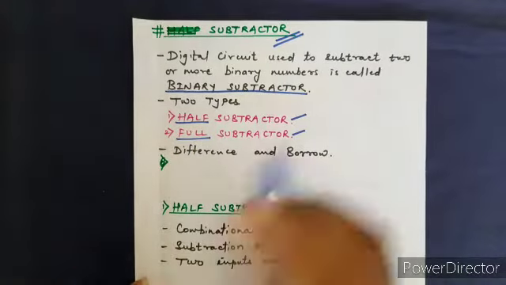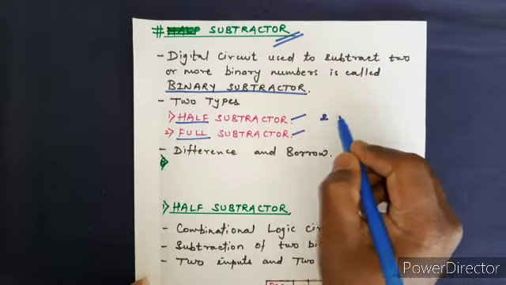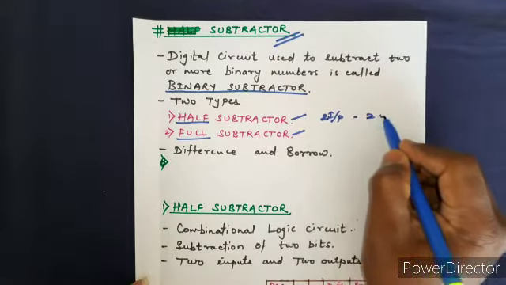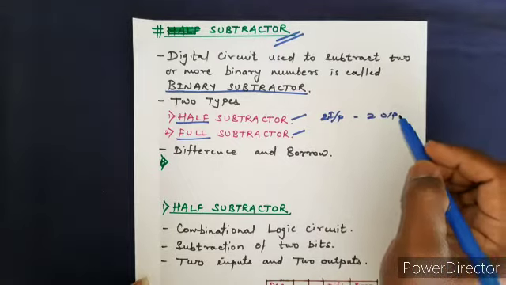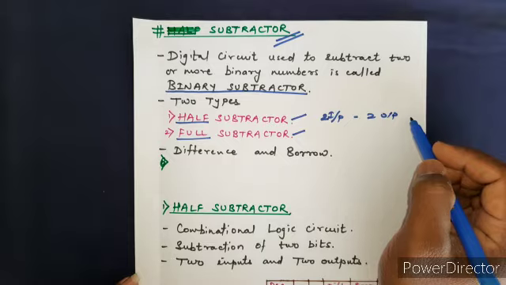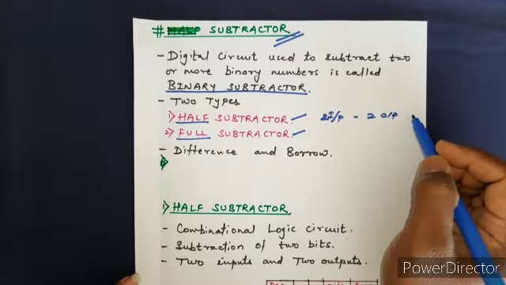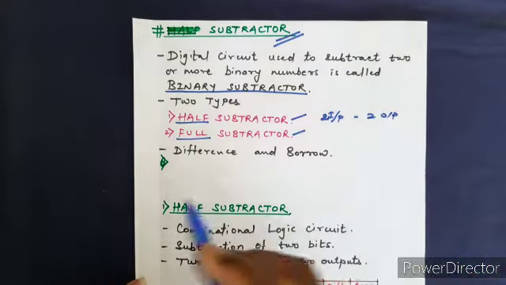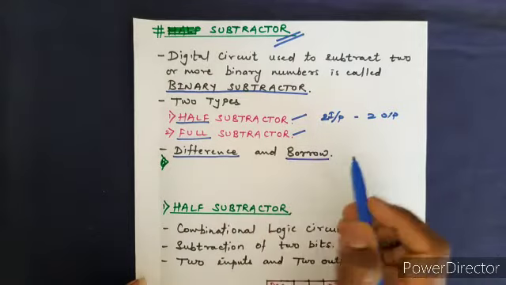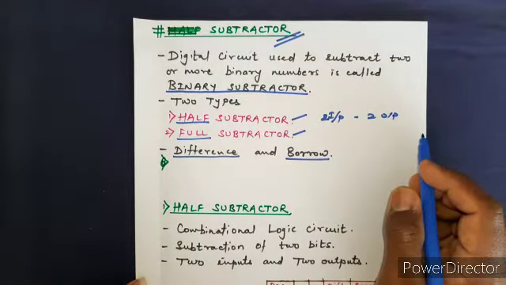The half subtractor has 2 inputs and 2 outputs, as in the case of adders. In the case of adders we had sum and carry as the 2 outputs. In the case of the subtractor we have difference as one output and borrow as another output.